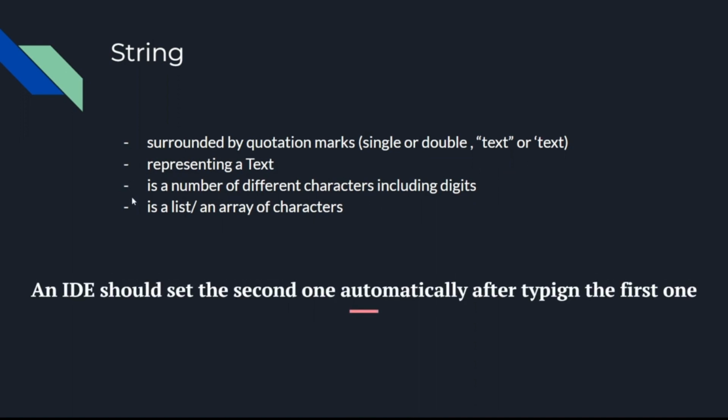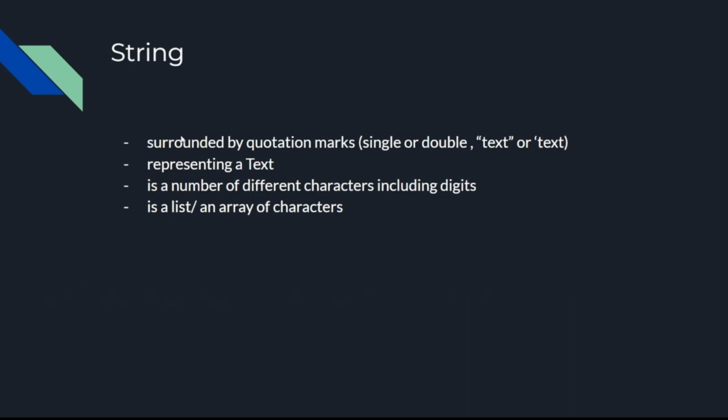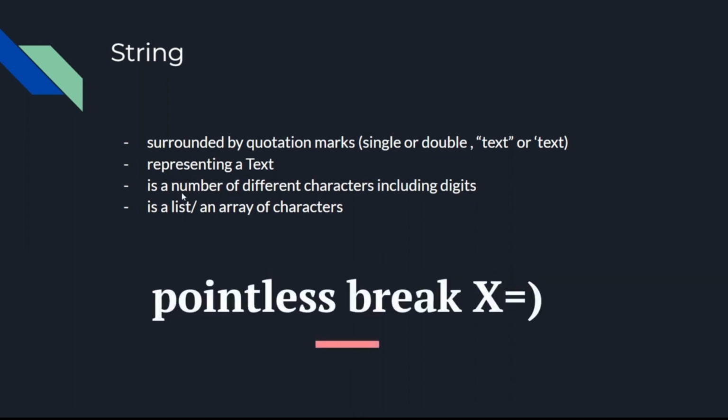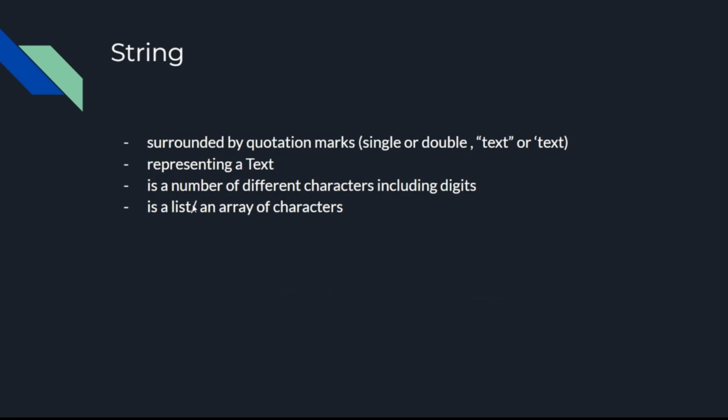They are, as already said, representing a text, and they are a number of different characters, including digits. Yeah, also unique in Python. I don't know any other language which has no characters as a single or unique data type.